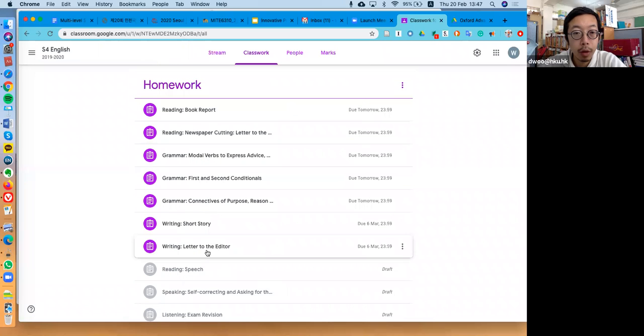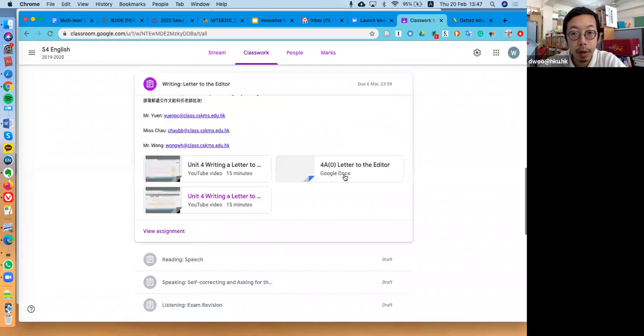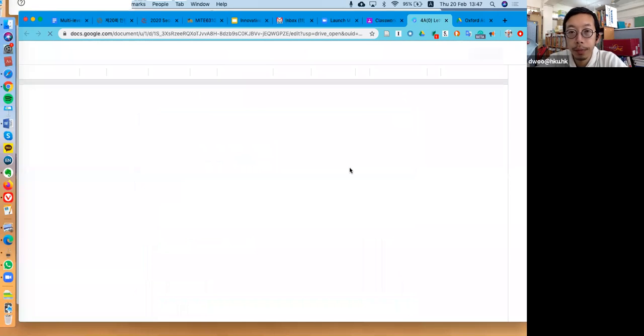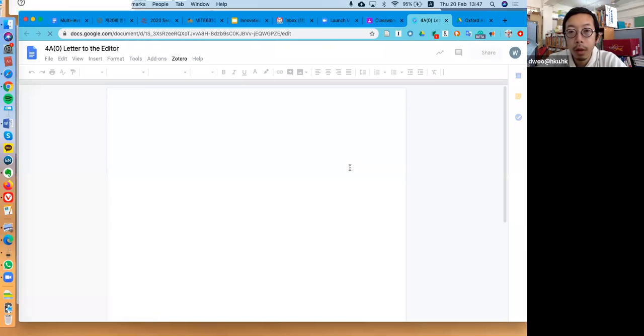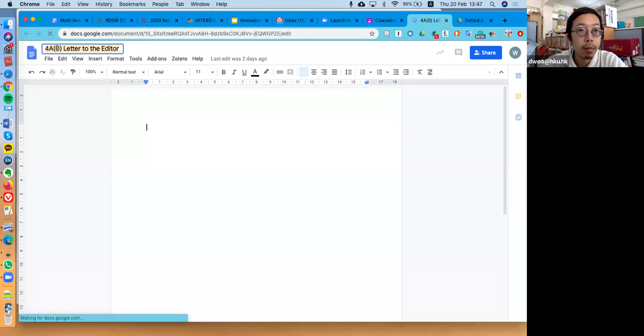Going to the homework, writing a letter to the editor. So when you create a Google Doc, first thing, write your class and your number and write letter to the editor.